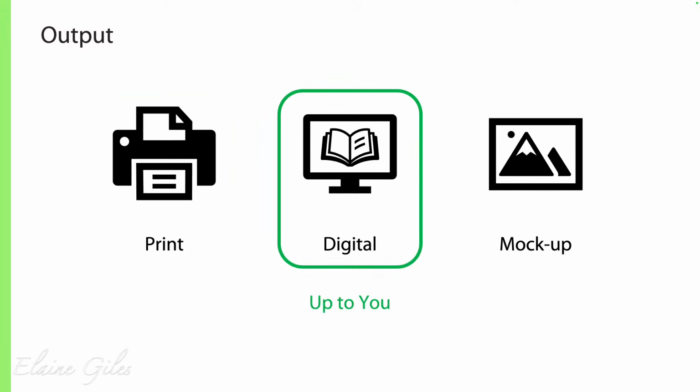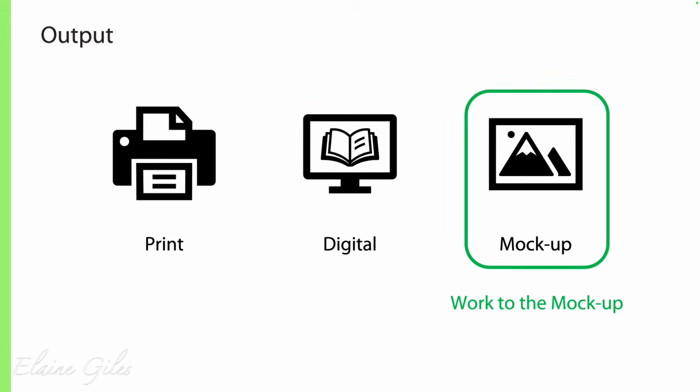If you're creating a digital version, you can afford to be more flexible. Because digital is shown on a screen. There's still preferences and practicalities involved, but we're not down to individual millimeters or fractions of an inch, or it just won't work. We can be more flexible. And if you're creating a mock-up, work to the size of the mock-up.